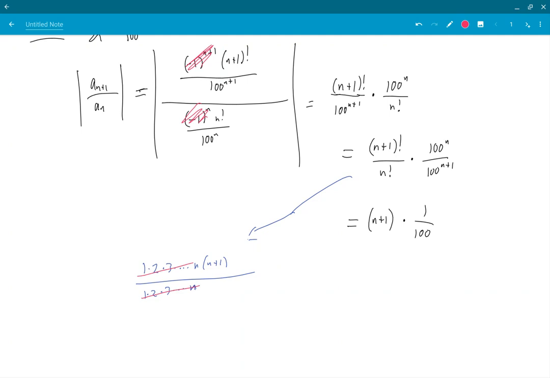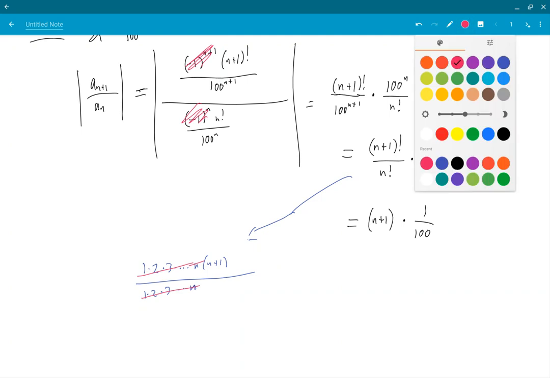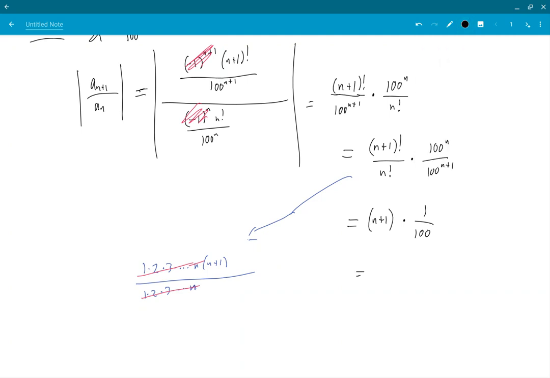And you cancel, cancel, leaving just n plus 1. So what happens to this expression, n plus 1 over 100? Now remember, I'm doing the limit as n goes to infinity, so this becomes, well, infinity, right? Which of course is bigger than 1.